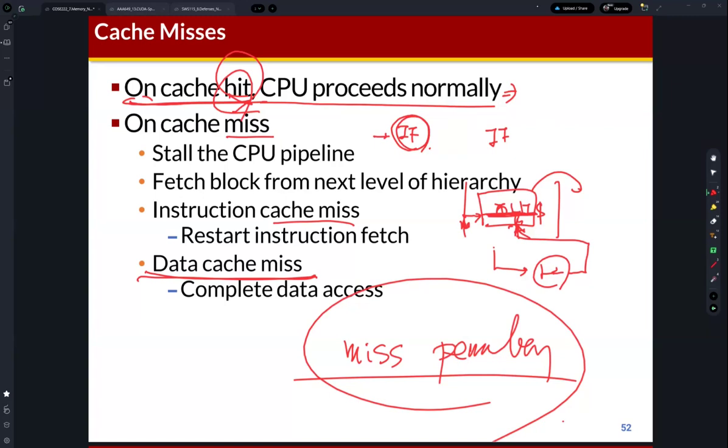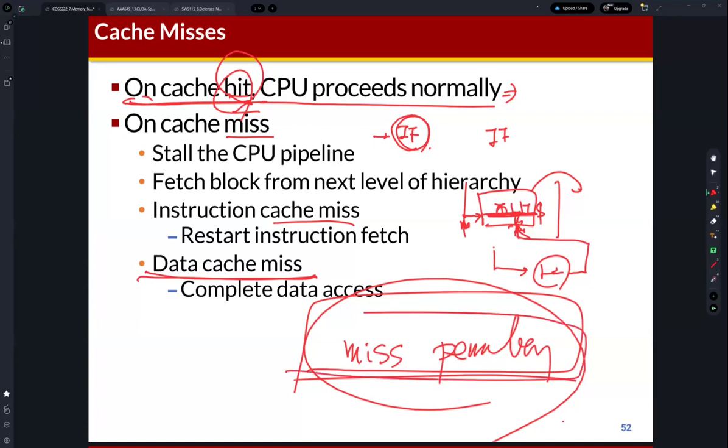And this is the normal case in the 5-stage pipeline architecture. We assume that in the 5-stage pipeline architecture, each stage will take one cycle, so the clock cycles will not be wasted. But for the miss cases, because of the miss penalty, there are additional clock cycles for handling cache misses.